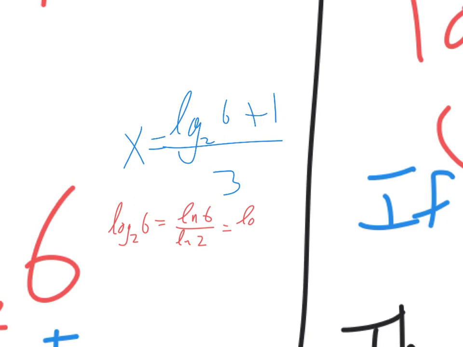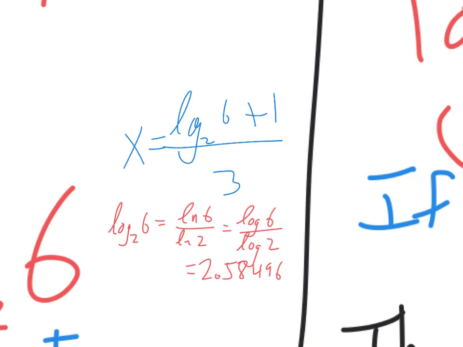Or you can use the common log, which is log base 10 of 6 over log base 10 of 2. You'll get the same answer for either. Punching these into our calculator, we get about 2.58496. Now we take that number, add 1 to it and divide by 3, and be careful with your order of operations there.